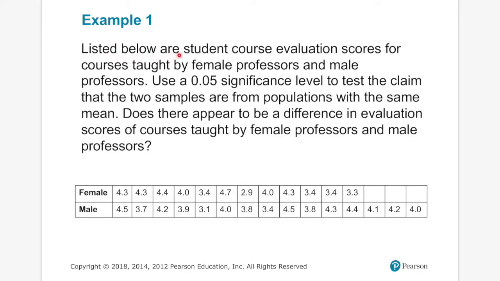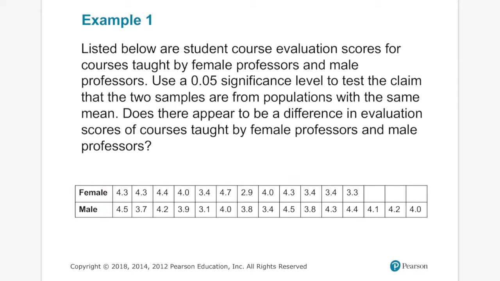Example 1. Listed below are student course evaluation scores for courses taught by female professors and male professors. Use a 0.05 significance level to test the claim that the two samples are from populations with the same mean. Does there appear to be a difference in the evaluation scores of courses taught by female professors and male professors?